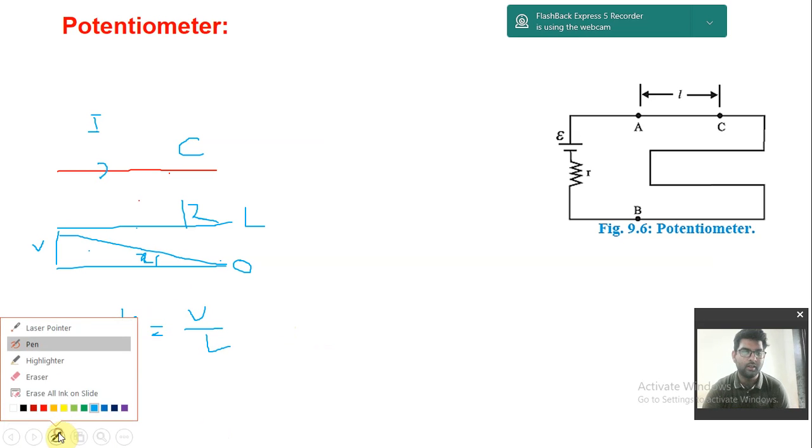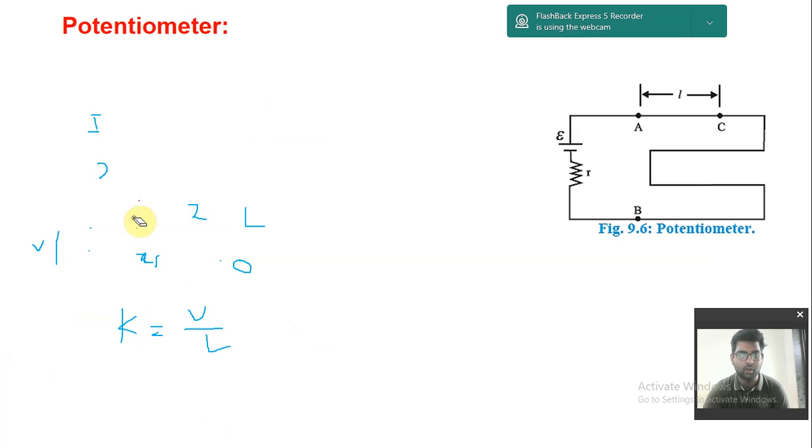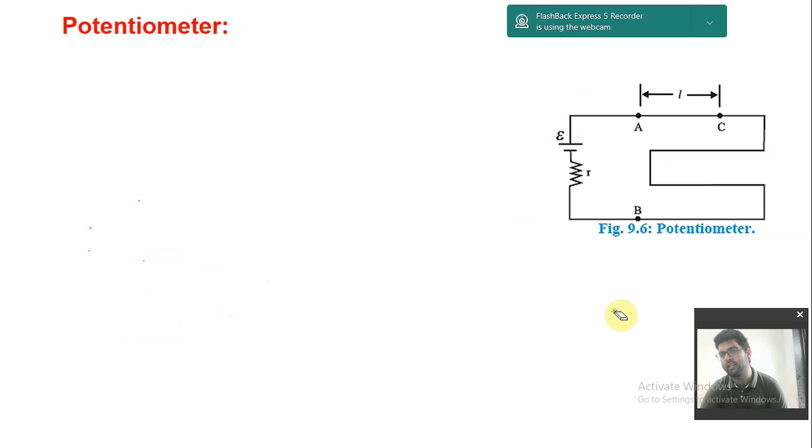Now we will move ahead to see what is happening in the potentiometer. This is my potentiometer circuit. This is an EMF source, this is the internal resistance of the EMF.